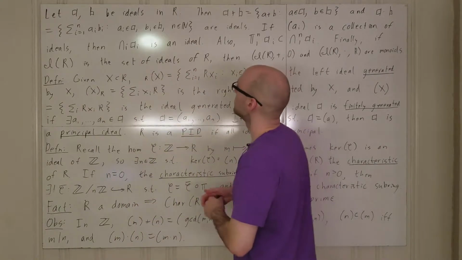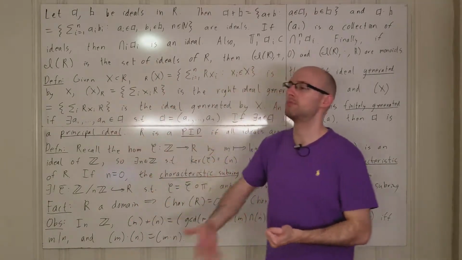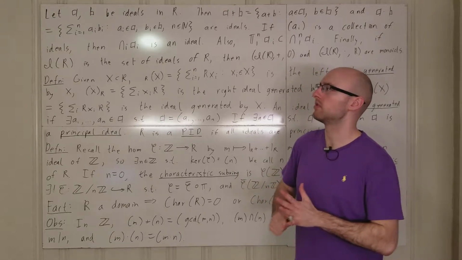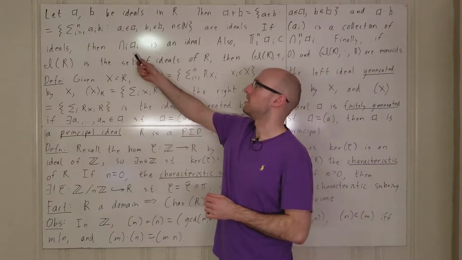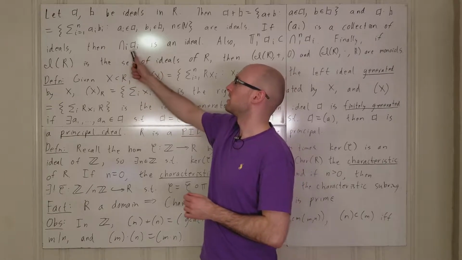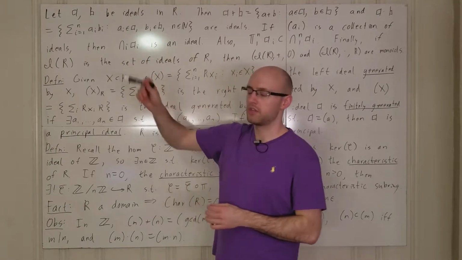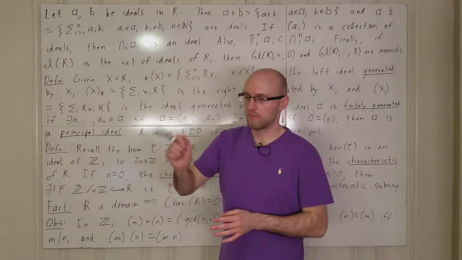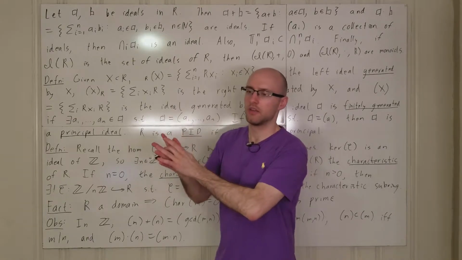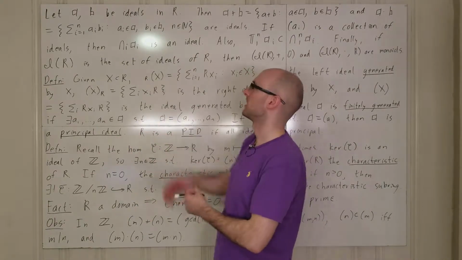Certainly, we know that arbitrary intersections of subgroups are subgroups, so that's good. And then if you multiply anything on the left or on the right in here, you just use the fact that anything in this intersection is in each individual A_i. And so then r times that thing will be in A_i. And since that holds for every i, it will be in the intersection.